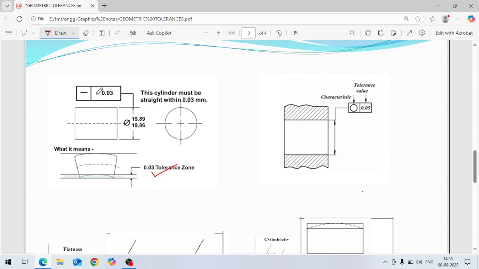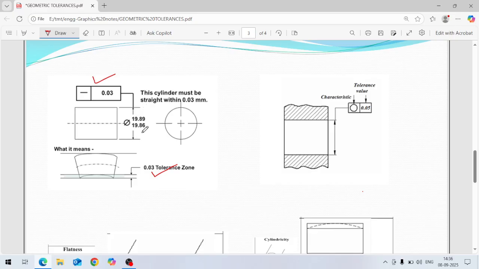So here if you see, this is called the feature frame. This is the symbol for the characteristic of straightness, the straight line. It shows it should be straight, and this 0.03 is the tolerance value. That means straightness should be within 0.03 for this cylinder.